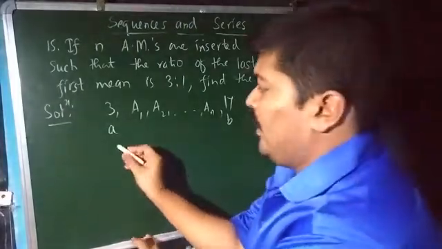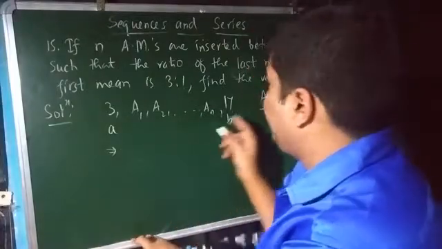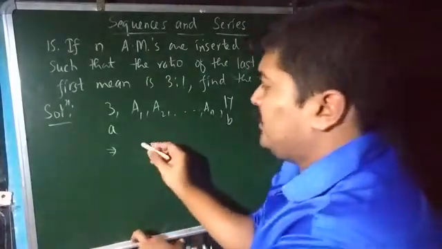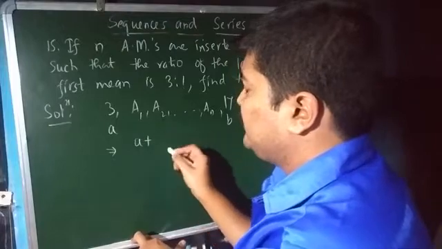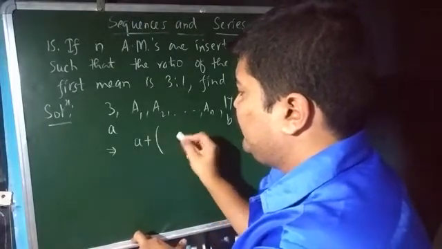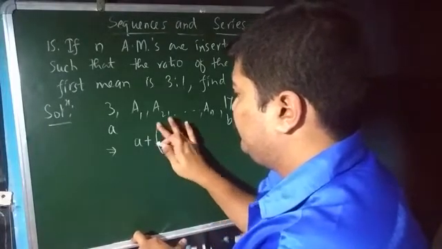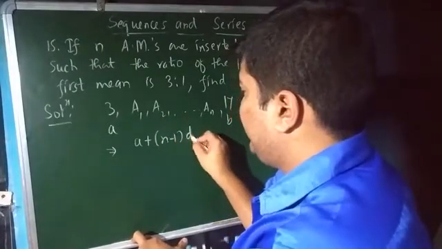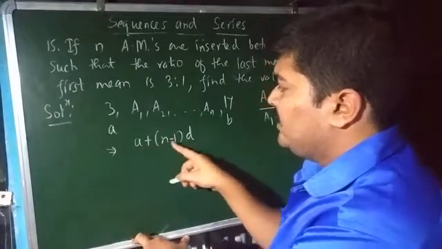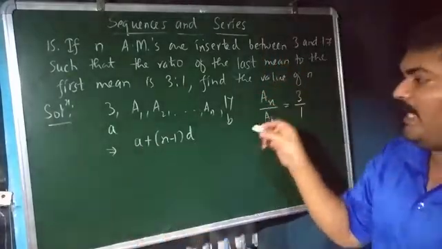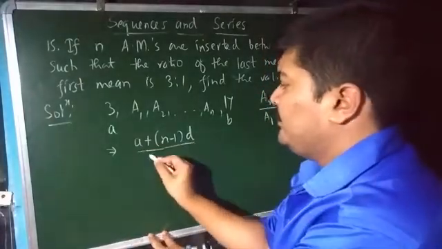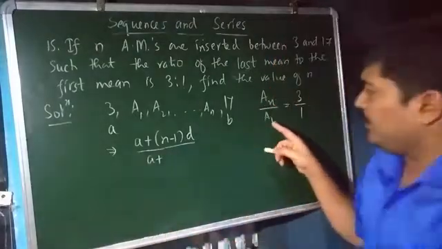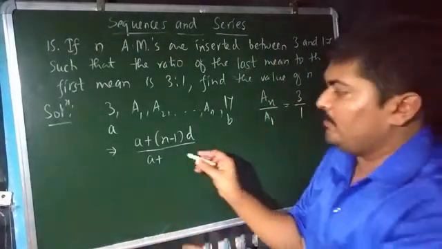Now, by the knowledge of arithmetic means, what is the formula for An? That is A plus (n minus 1) into D, whole divided by A plus, here the A1 value is D, isn't it?